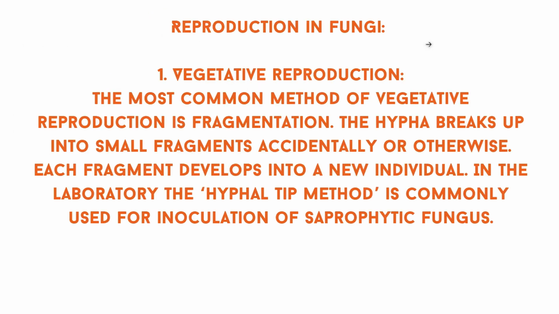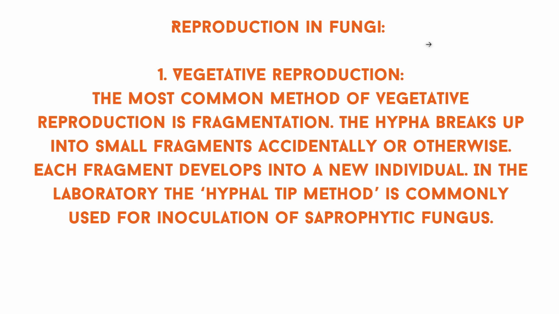So next, let us move on to reproduction in fungi. In fungi, reproduction takes place via three modes. One is vegetative reproduction, the second is asexual spore reproduction, and the third is a sexual mode of reproduction. In the vegetative mode of reproduction, one of the most common methods is fragmentation.